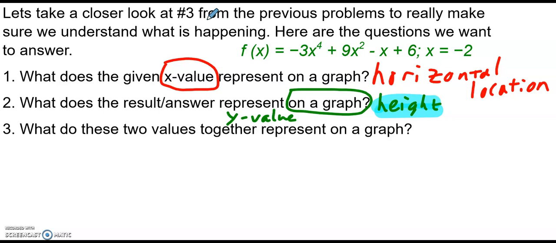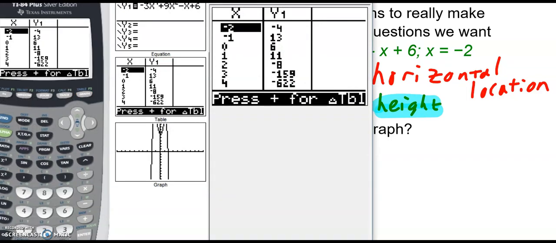And then lastly, what do these two values together represent? They represent a point on the graph. And again, that should make sense, right? That if we think about what are we finding, well, we found when x is negative 2, y is negative 4, that's a point.